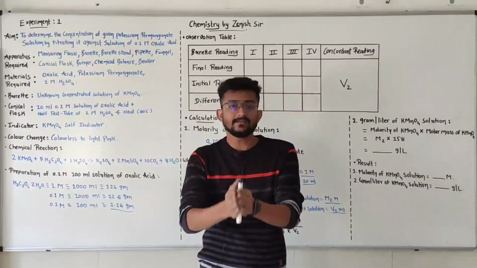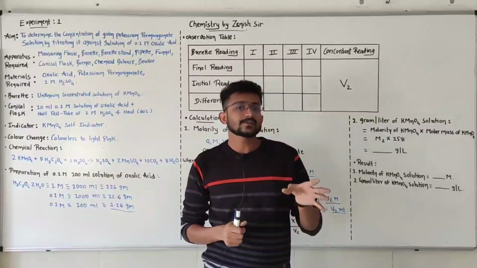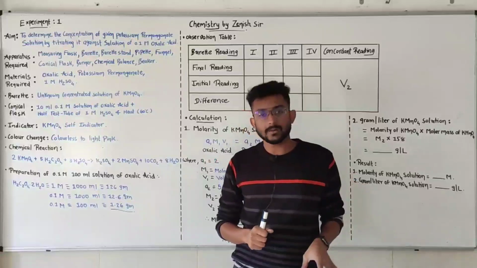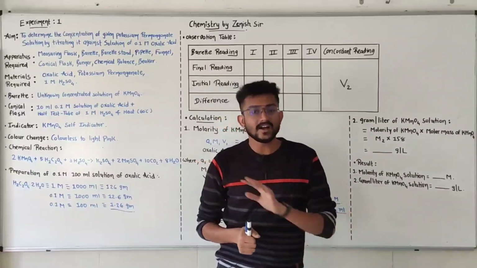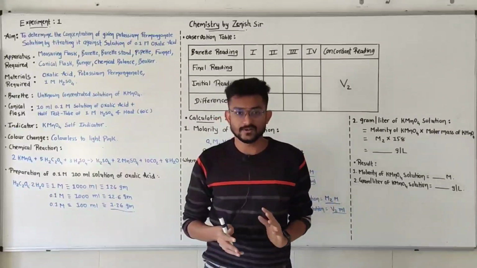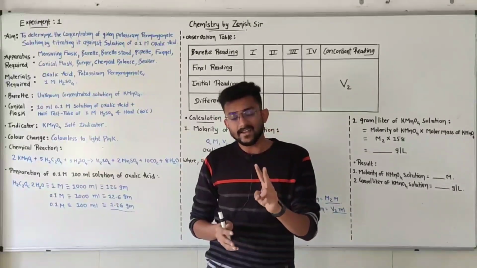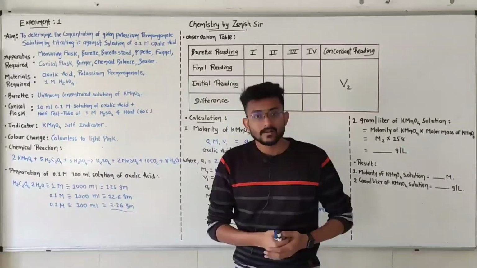Basically we have 2 different things. One will be the solution of potassium permanganate, KMnO4. The concentration of that solution is unknown. We do not know what the concentration of that solution is. And the second thing that we have will be oxalic acid.